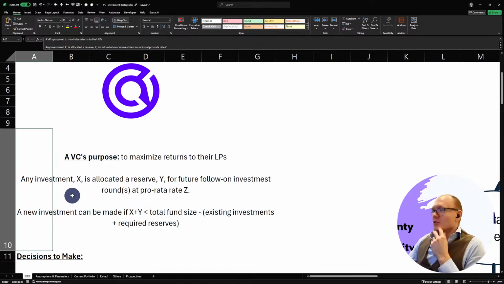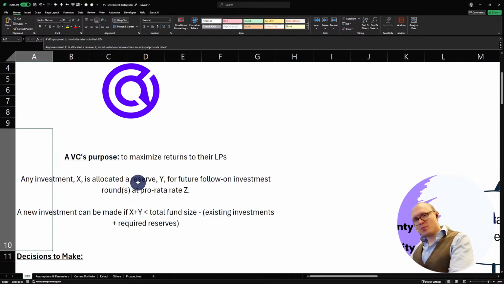Now, one of the things that's worth considering for a VC is that any investment is allocated a reserve. Basically, what that means is that in the future, an investment that we make might need another investment to continue to scale and grow. This could be for whatever reason. It might be that we are building something that's highly technical, and so there is a long development period, let's say a year or 2 years, and so the initial funds are raised to make that development possible.